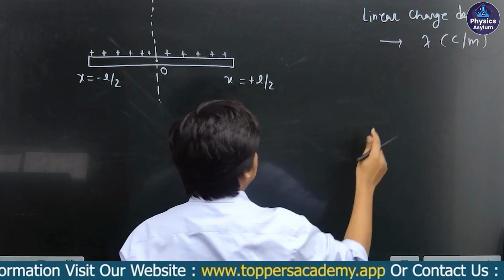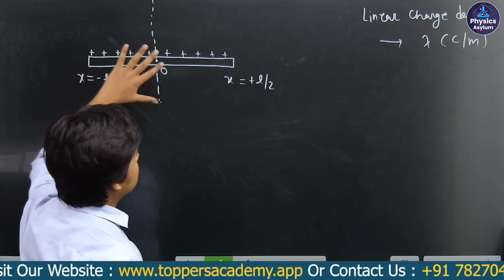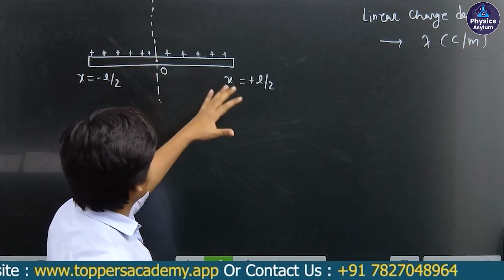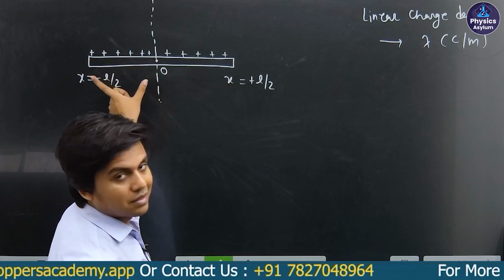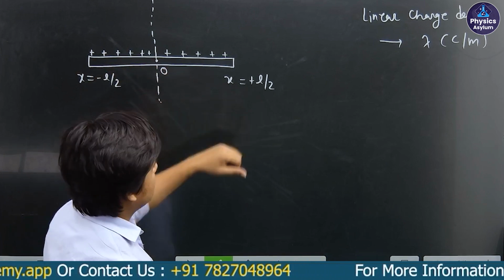That is, this much is the linear charge density, that is charge per unit length for this rod, that is lambda.